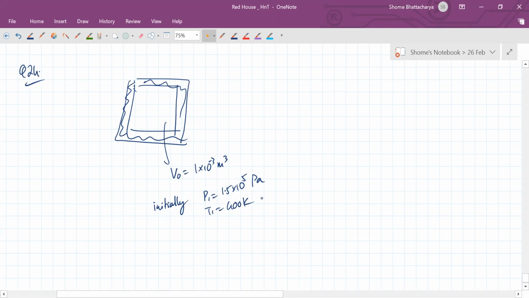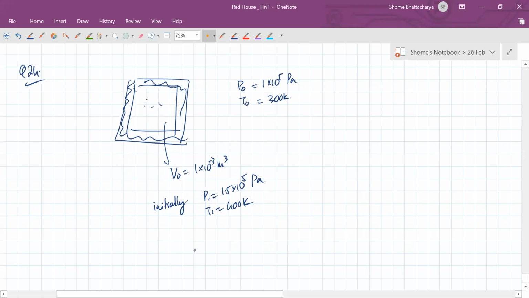Now it says that the jar has a small leak and the atmospheric pressure is 1 into 10 raised power 5 Pascal and the atmospheric temperature outside is 300 Kelvin. Now there is a small leakage.